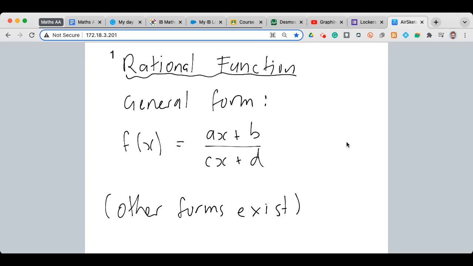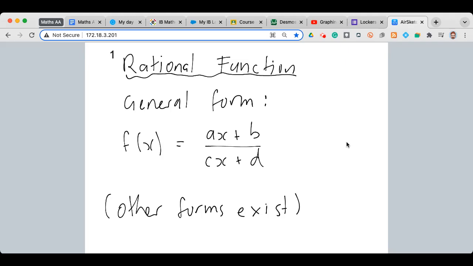In this case, our ratio is a linear function to another linear function. In the reciprocal function, it was a constant to a linear expression. So it is a rational function as well, I should say. It's a smaller set of it. This is another rational function. As I said, other forms exist, and at the expense of obscuring what I've written here as well, I'll just quickly do it on the whiteboard, so it won't be shown up on the video.